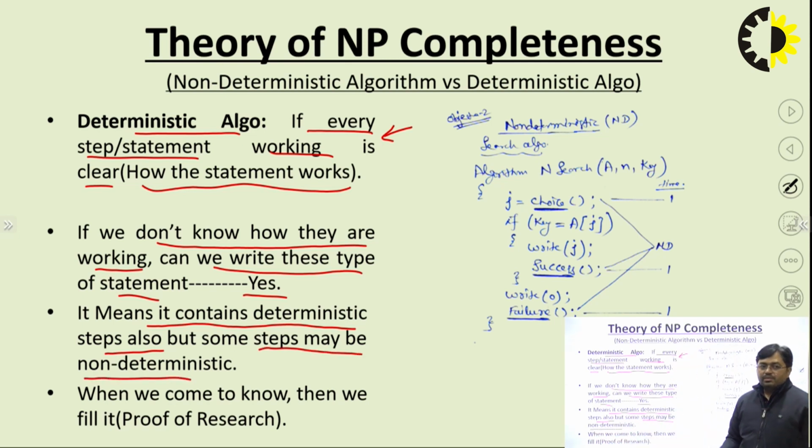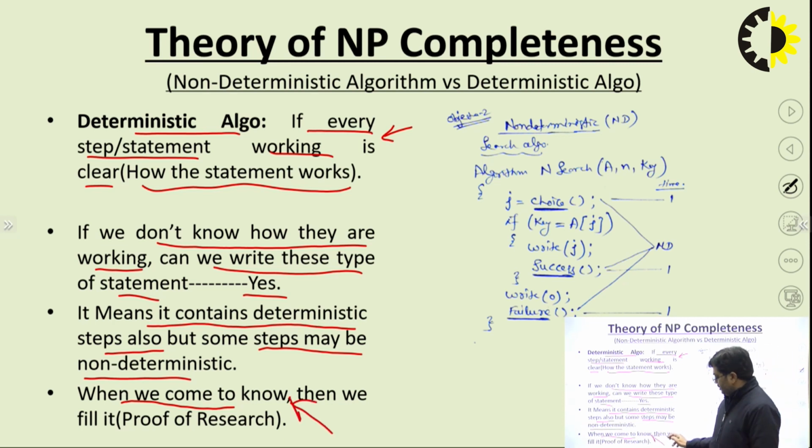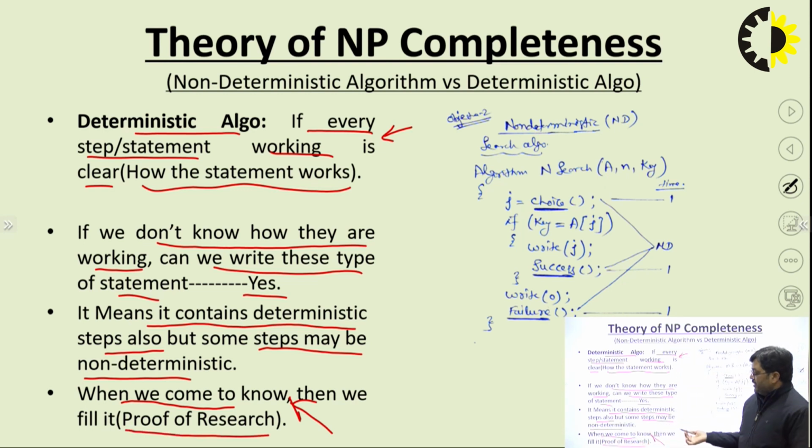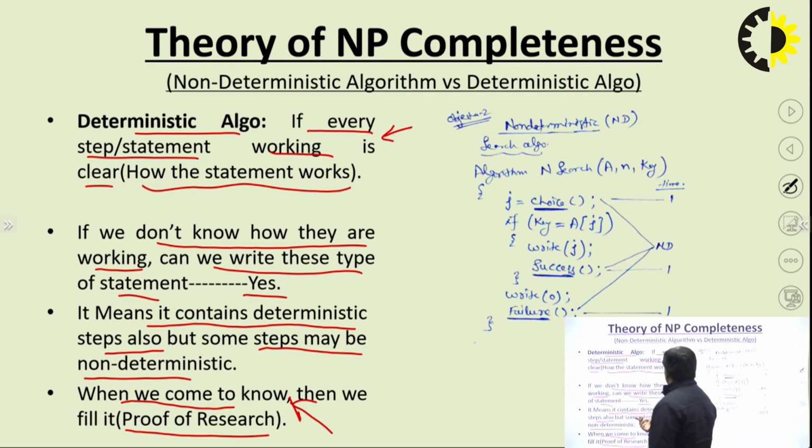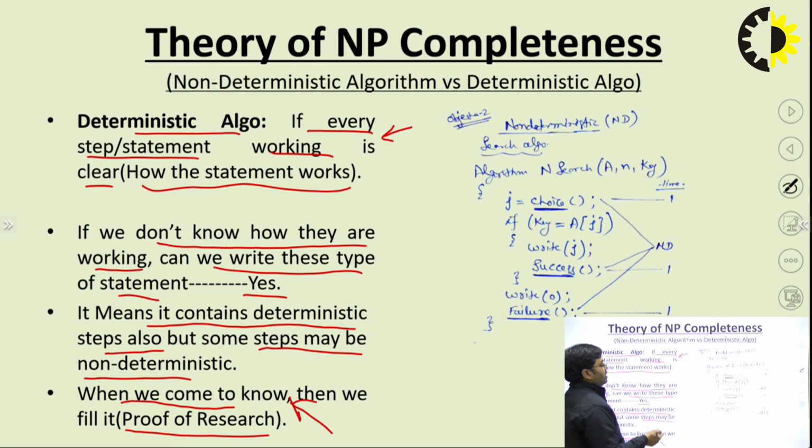It is a combination of deterministic and non-deterministic steps. When we come to know how the non-deterministic steps work, then we fill in those steps later. We can see the algorithm given here.